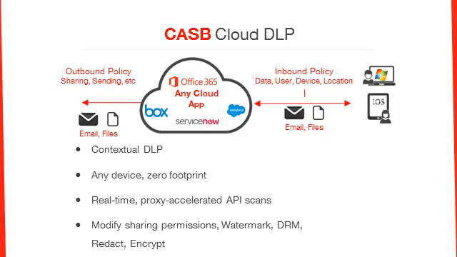So say you only want someone to have access to a file for a certain time period, you're able to apply DRM to a particular file, and alter that DRM applied to that file based on your needs.